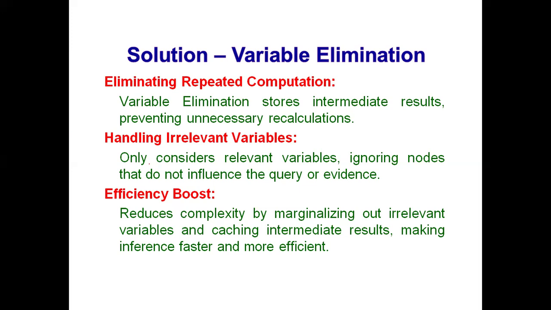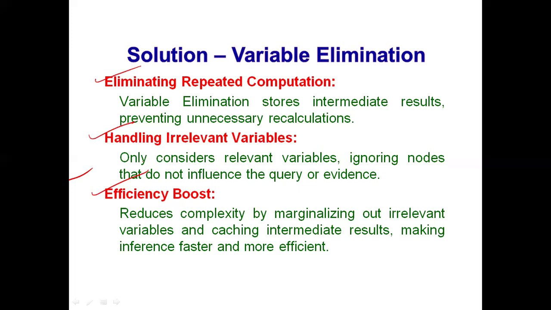Variable elimination also improves the efficiency by ignoring irrelevant variables that do not impact the query or evidence. Since irrelevant variables do not affect the final probability, they can be marginalized out, simplifying the overall computation. By focusing only on relevant variables, variable elimination ensures that computational resources are used more effectively, leading to faster and more accurate inference. So the solutions are eliminating repeated computation, handling irrelevant variables, and efficiency boost.